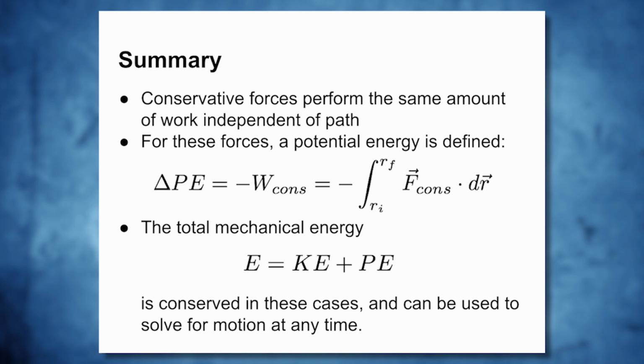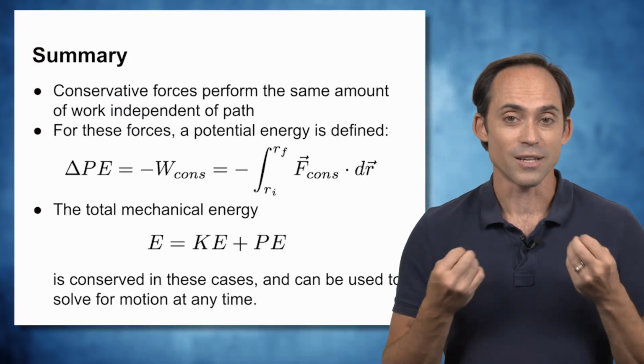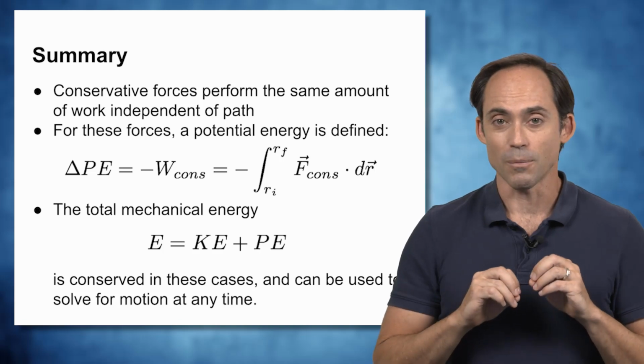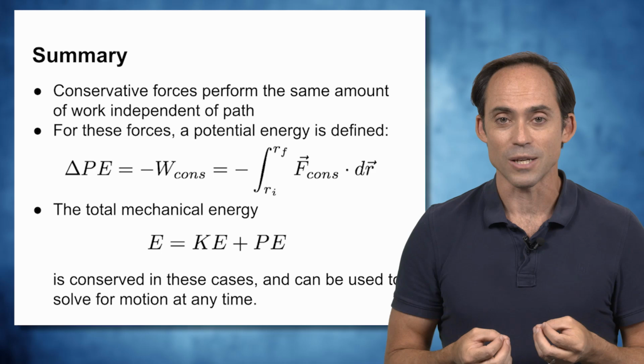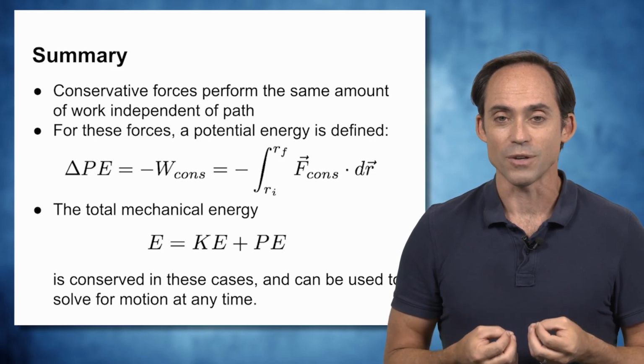So no matter how complicated the motion is, we can still count on the total mechanical energy being the same throughout. This is a very powerful technique for solving sometimes complex physics problems. So take a look at your examples, and try to experiment with measuring kinetic and potential energy and using this conservation of energy for solving these problems.